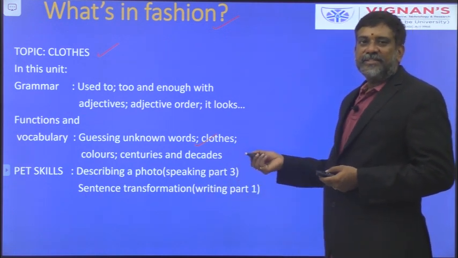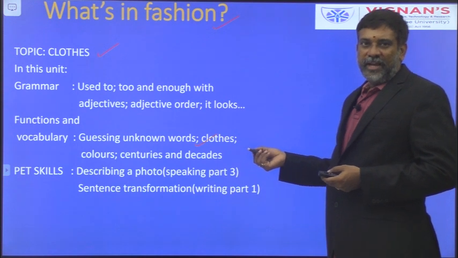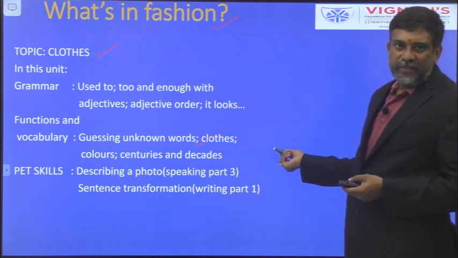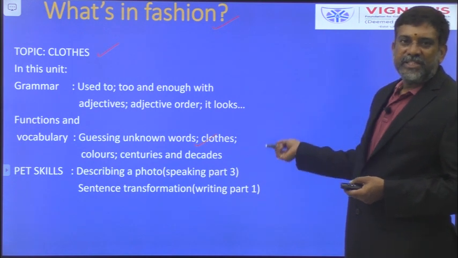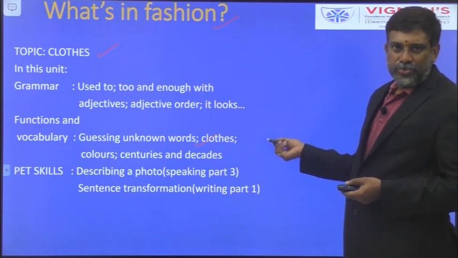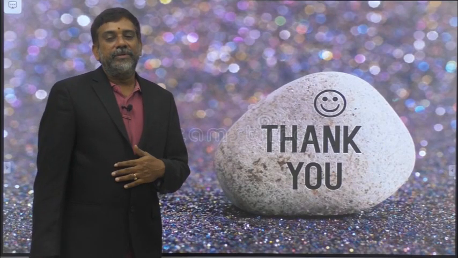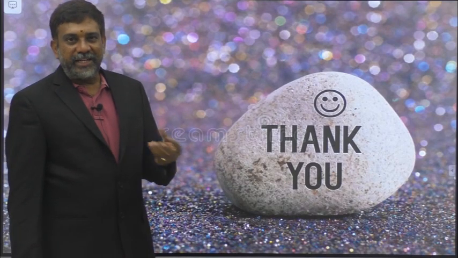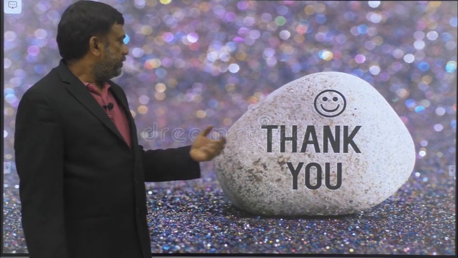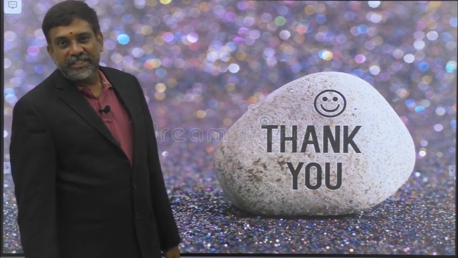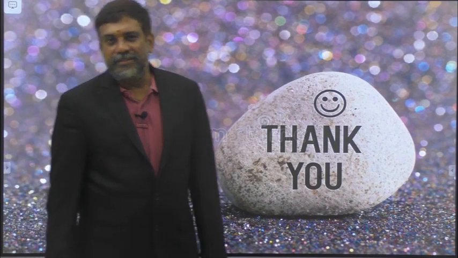When a sentence is given with too, we transformed it with enough, or when the sentences are given with negation plus enough, we transformed them into too. Okay guys, so hereafter we should use adjectives in a cluster based on what we have learned. Along with that, we should discriminate correctly in using enough and too. So here, a big thanks to all of you for your patience. Thank you.